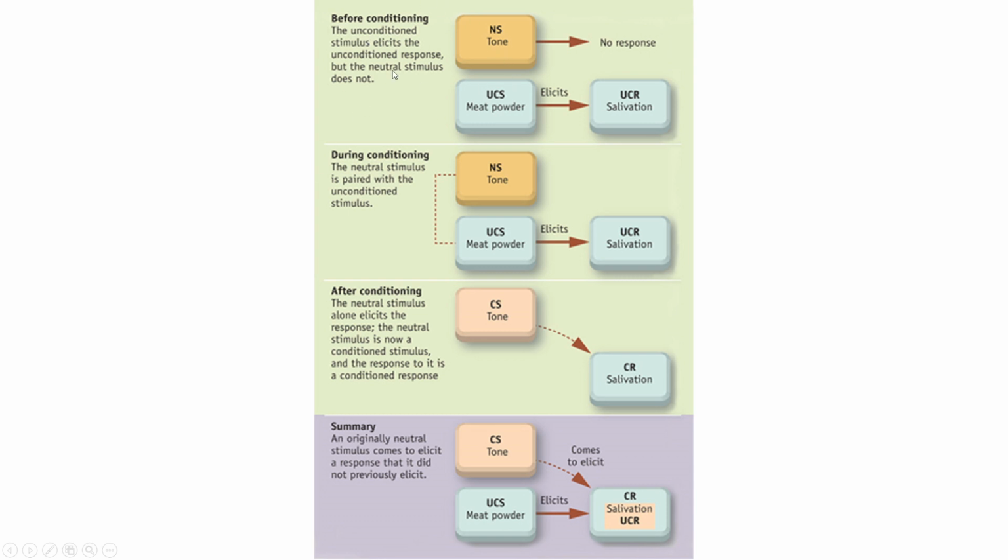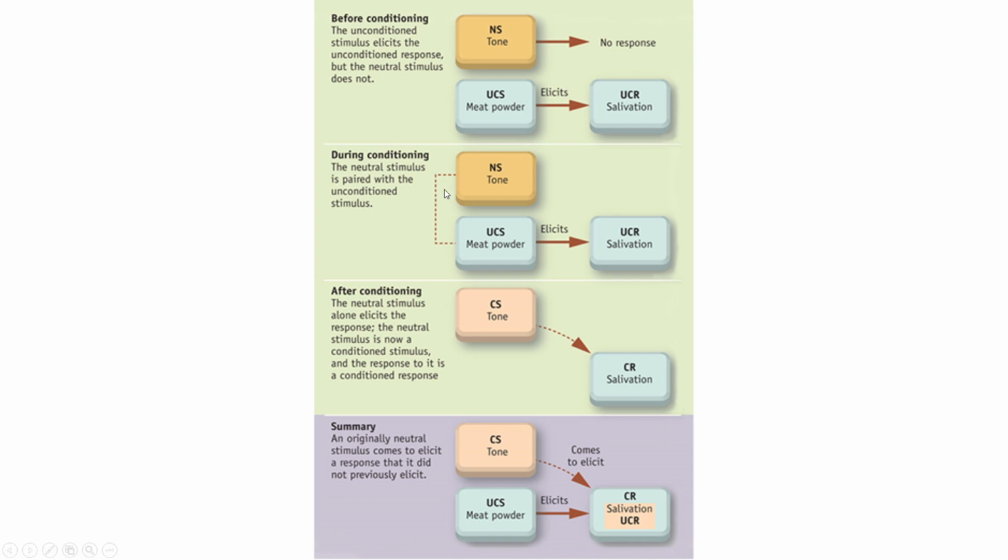So before conditioning, we're going to have our unconditioned stimulus elicits an unconditioned response, but the neutral stimulus does nothing. And here we see again that weird notation where they do UCS instead of US. I don't know why they do it. I don't love it. That's why we don't use it.